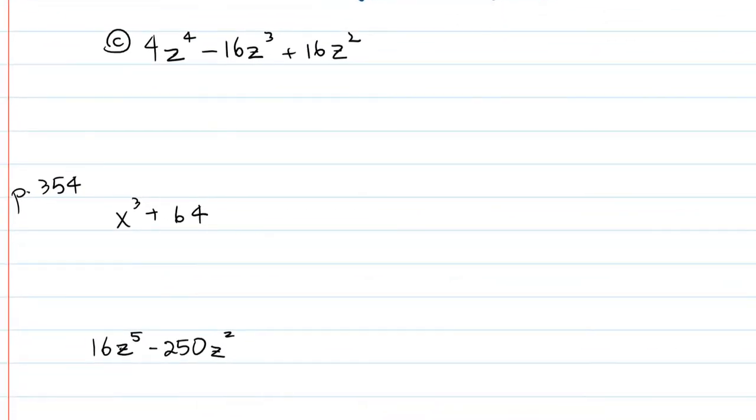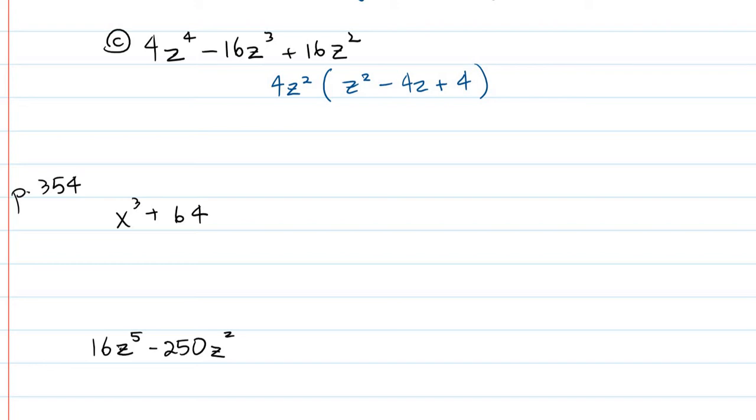On example 3, there is a GCF, and the GCF in this case is 4z squared. So once I factor that out, that leaves me with z squared minus 4z plus 4.